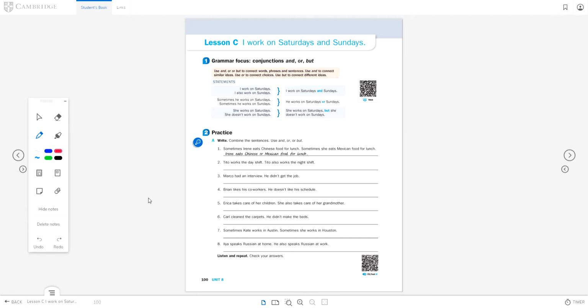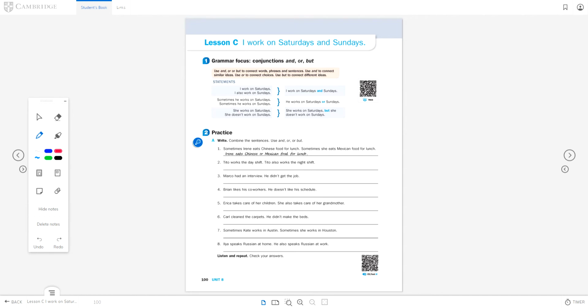So what we're going to learn now in Lesson C is something we are all familiar with. Everybody knows it, everybody uses it, everybody is aware of it, but when it comes to explaining it, it's kind of hard, although we all know it by instinct.